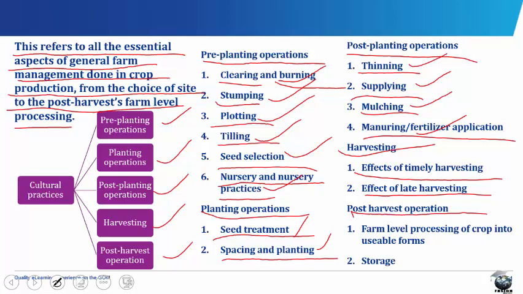Post-harvest operations. Post-harvest operations are those operations carried out after harvesting has been done. They are the farm-level processing of crops into usable forms and storage. Farm-level processing of crops into usable forms is the processing or storing of crops into a consumable state or storable state for future use.